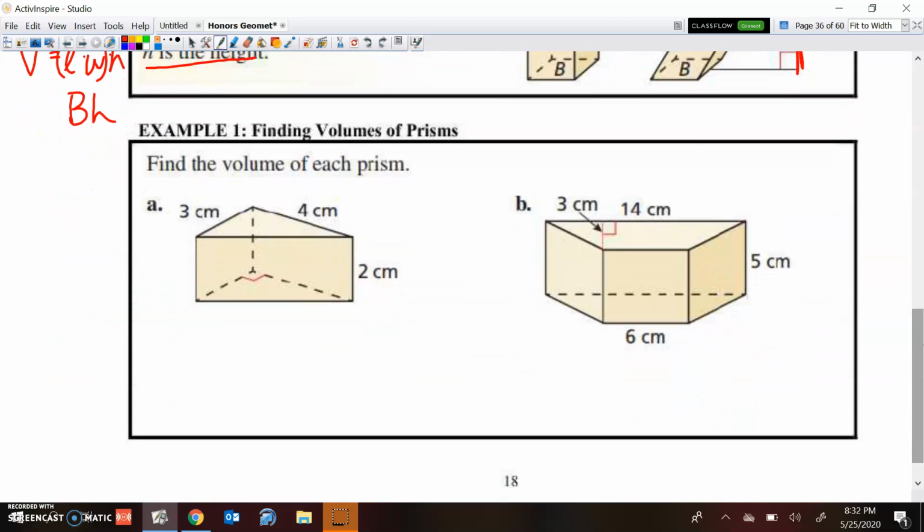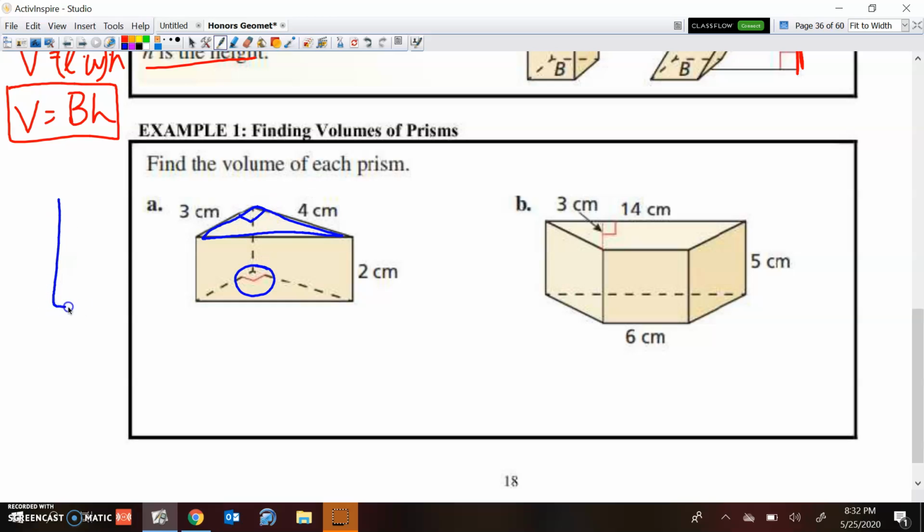Now, the ones up above were easy. They were rectangular prisms. These ones are a little more involved, but still very doable. First one, we have a triangular base. So whenever I think of the formula, volume equals area of the base times the height, I first need to find the area of my base. So in this case, this is my base here, okay? Notice that right angle down there, that's pretty critical.